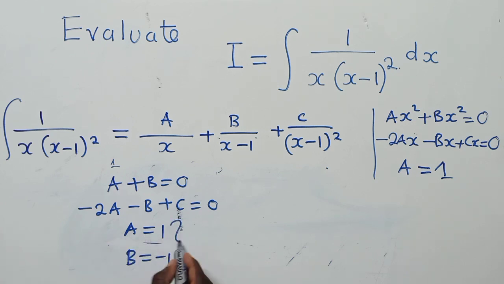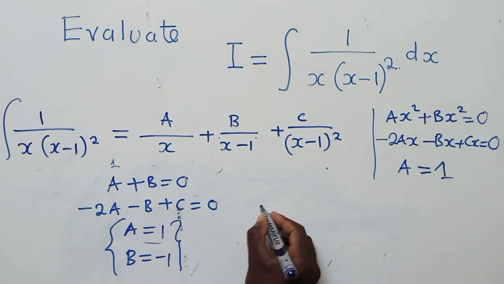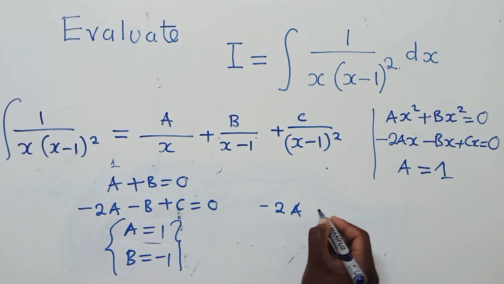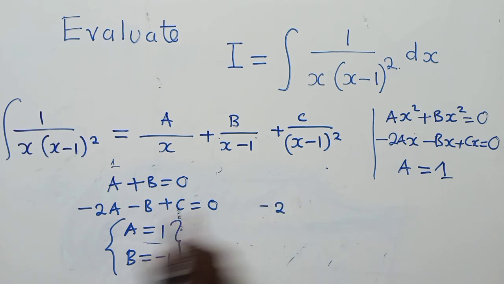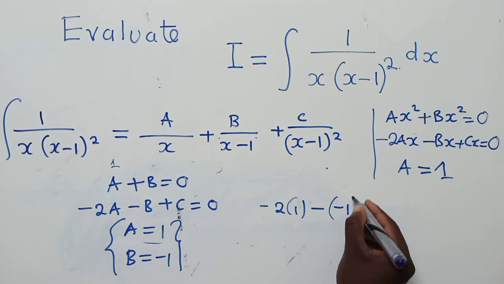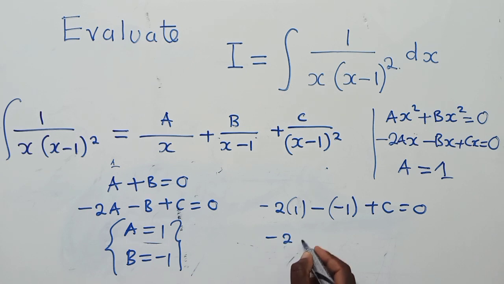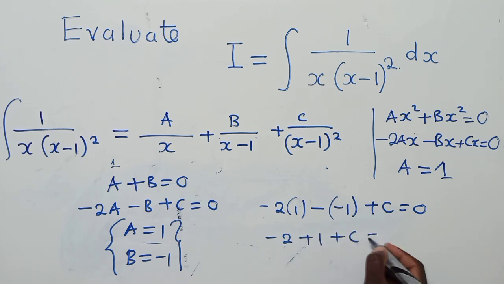So we now have two solutions here, A and B. To solve for C, we get this one here: negative 2A, on A we put a 1, because A is 1. Minus B, on B we put negative 1, plus C, which is equal to 0.